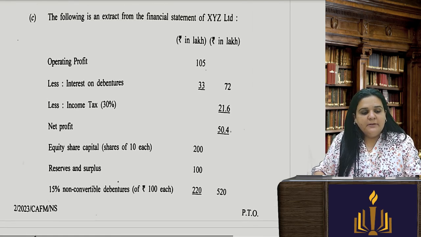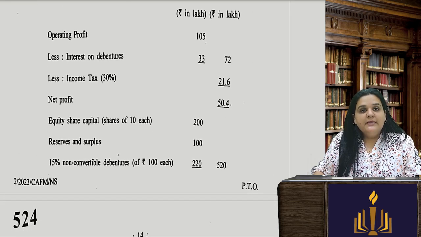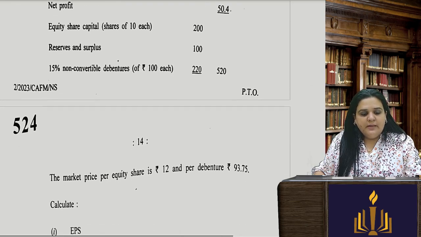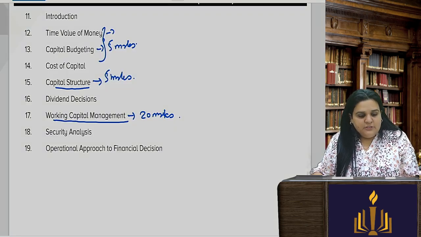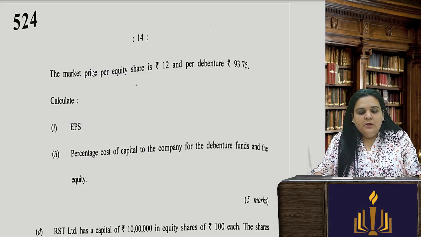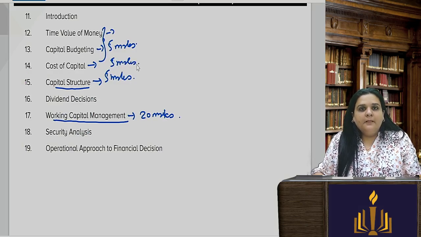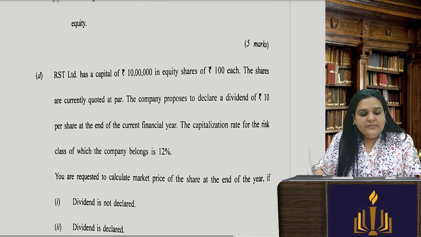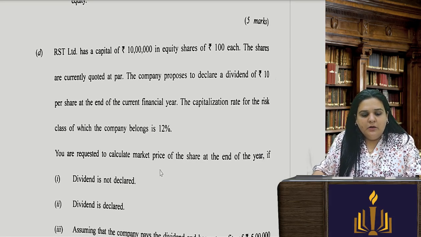And the question number 5C is talking about certain profit less interest on debentures, income tax, and they are asking you to find the EPS and the percentage of cost of capital. So this is your cost of capital again for 5 marks. Question number D. RS Limited, they have given you certain details about the shares.